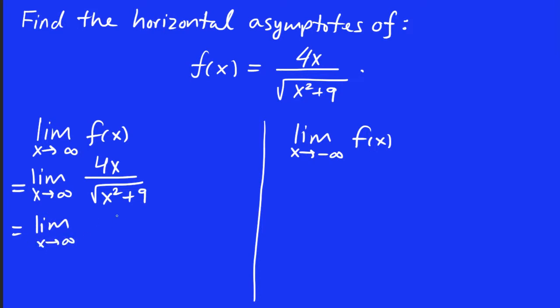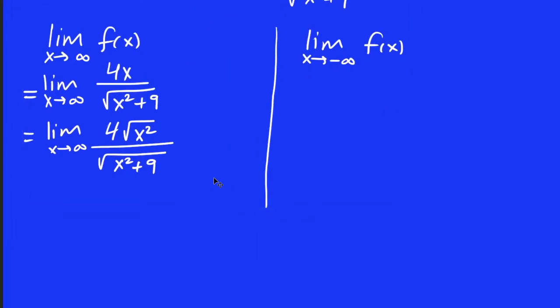So let's rewrite x as the root of x squared. Okay, that's true. And then let's make it all under one root sign. All right, and now let's divide everything by x squared.